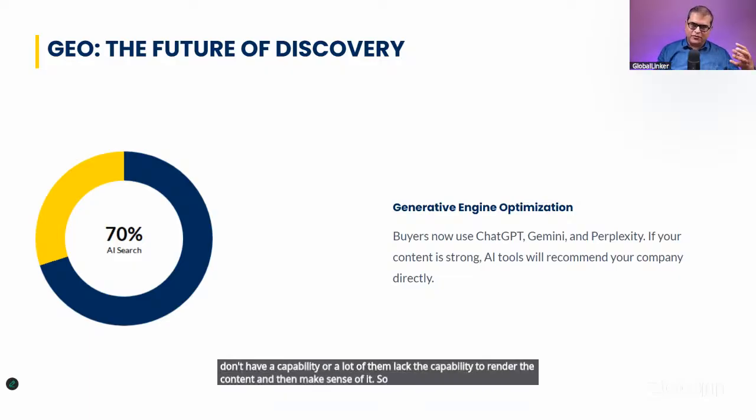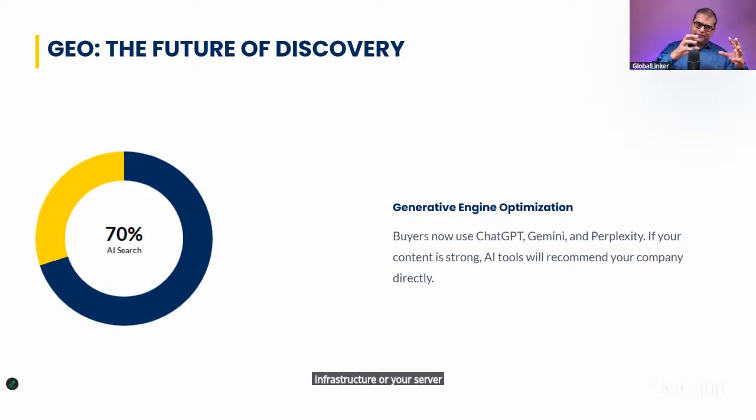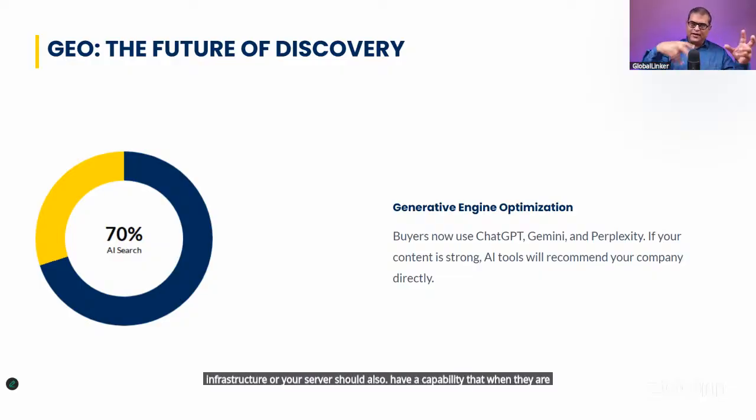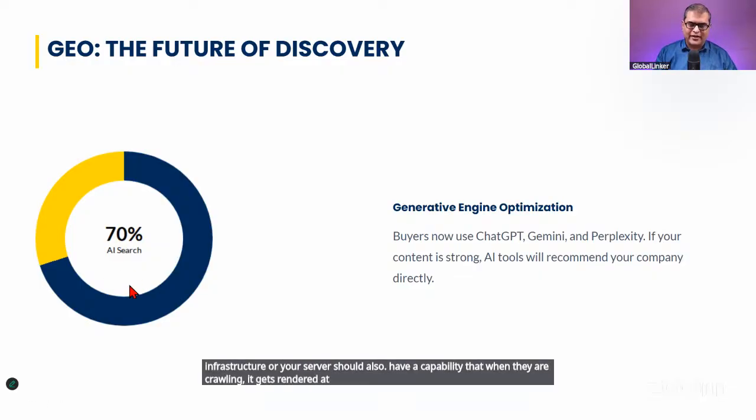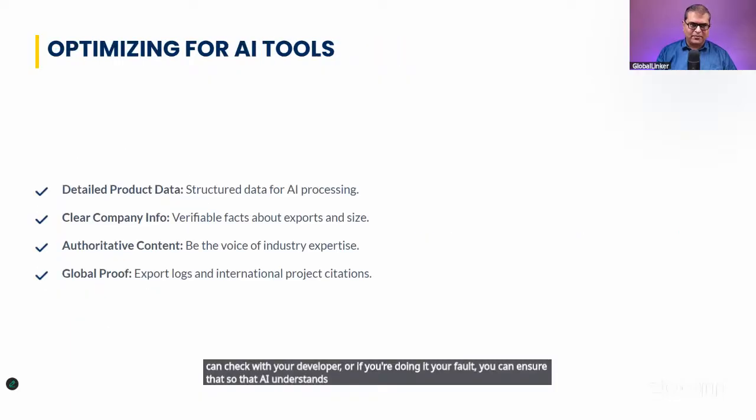So your infrastructure or your server should also have the capability that when they are crawling, it gets rendered at the server side as well, so that these crawlers are able to understand it in a better way. That's something you can check with your developer, or if you're doing it yourself, you can ensure it, so that AI understands your business in a better way.